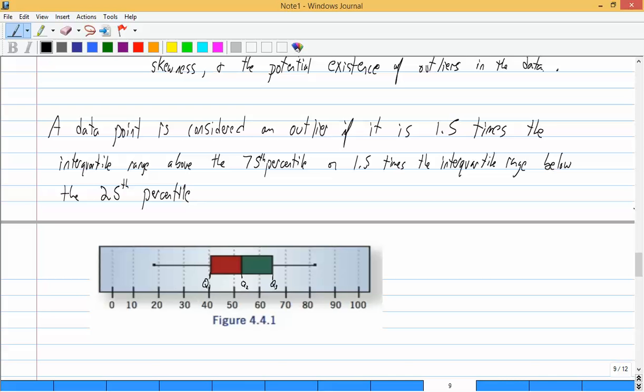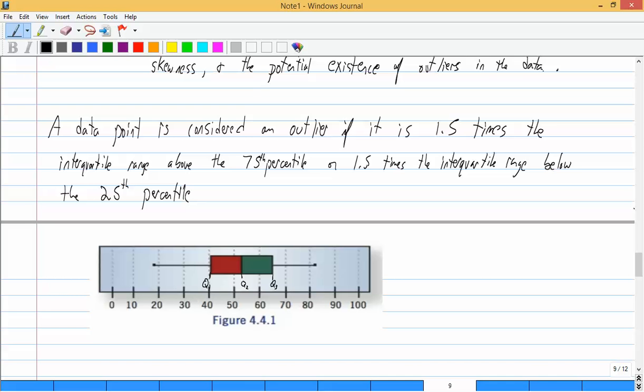It's just another way to represent data, and you can kind of see where the quartiles fall. And if we knew these exact values, we could calculate the interquartile range, say Q sub 3 minus Q sub 1. It's not very hard to figure out.